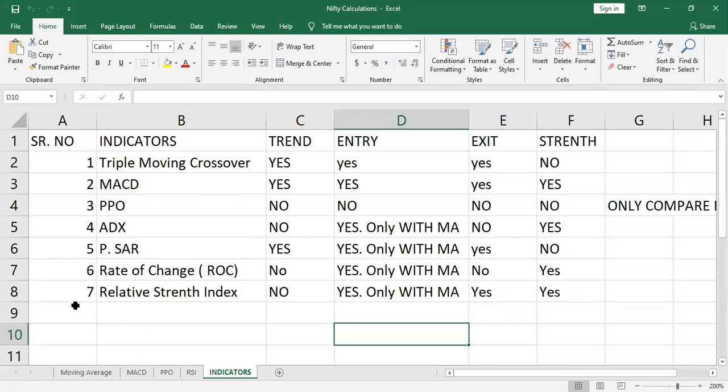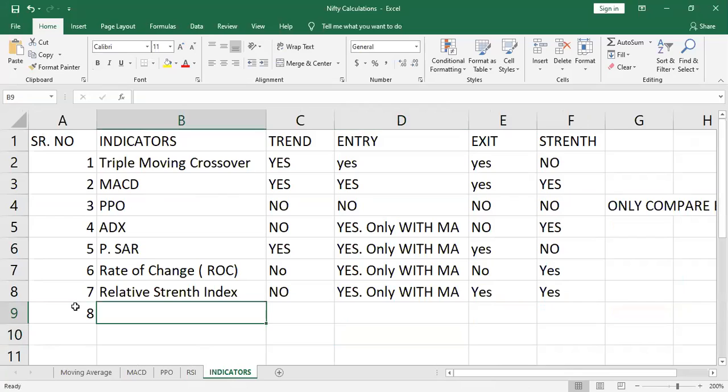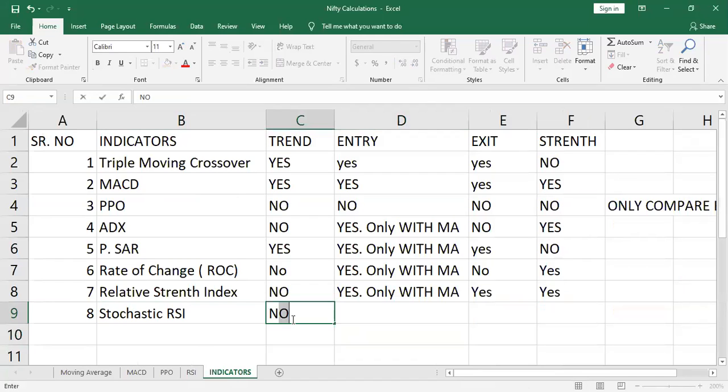Now in the indicator we are entering here stochastic RSI. Now, can it show the trend? The answer is no.